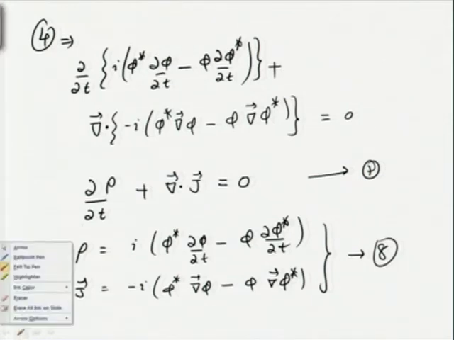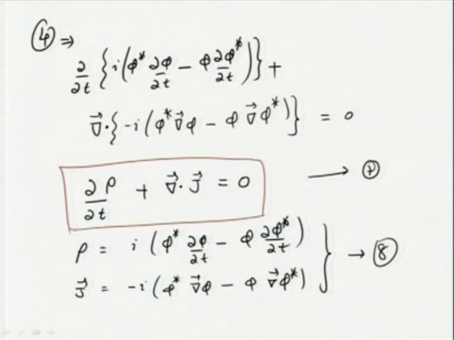So, this is a very compact notation, compact equation. You must have seen such an equation in the earlier discussions under different topics. This is what is called the continuity equation.